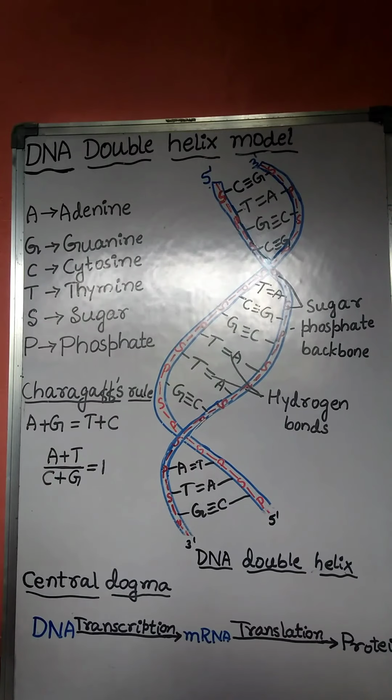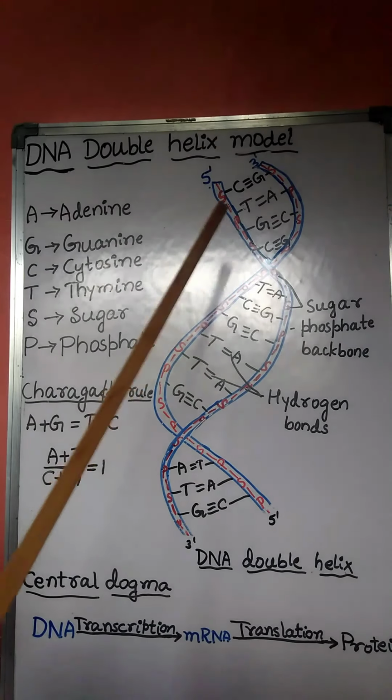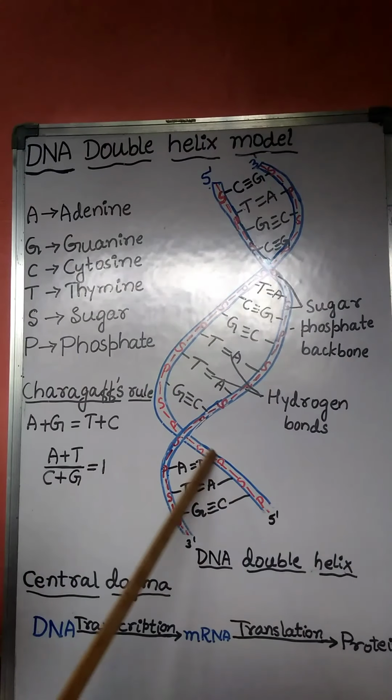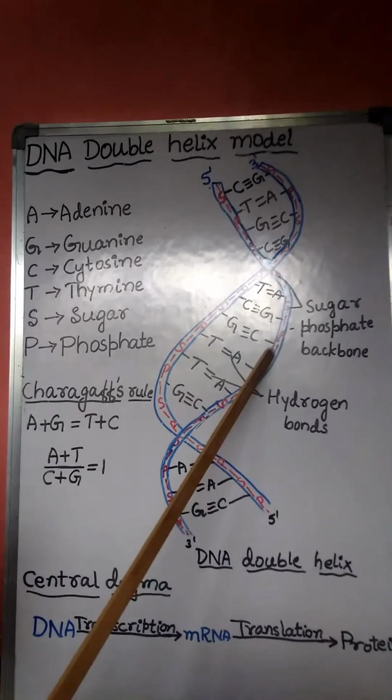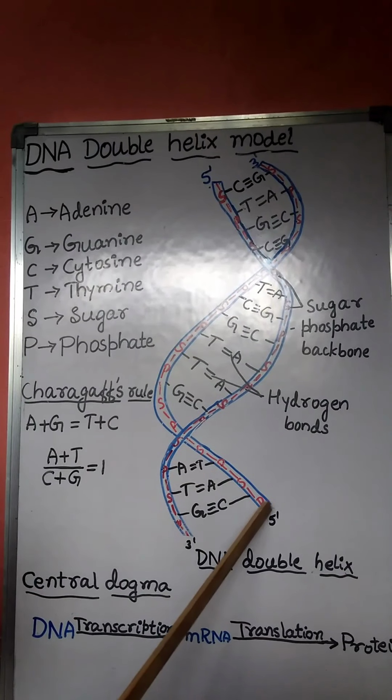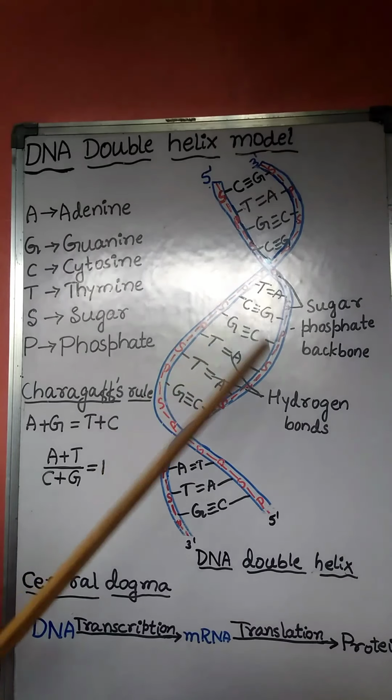The two polynucleotide strands of DNA are coiled right-handedly in order to form a double helix. See here, you can observe the right-handed coiling of the two polynucleotide strands of DNA.